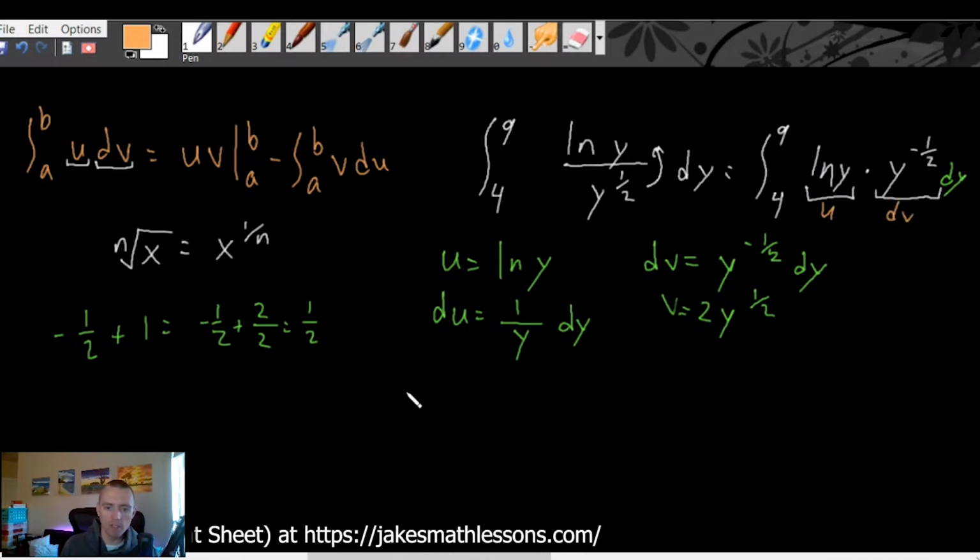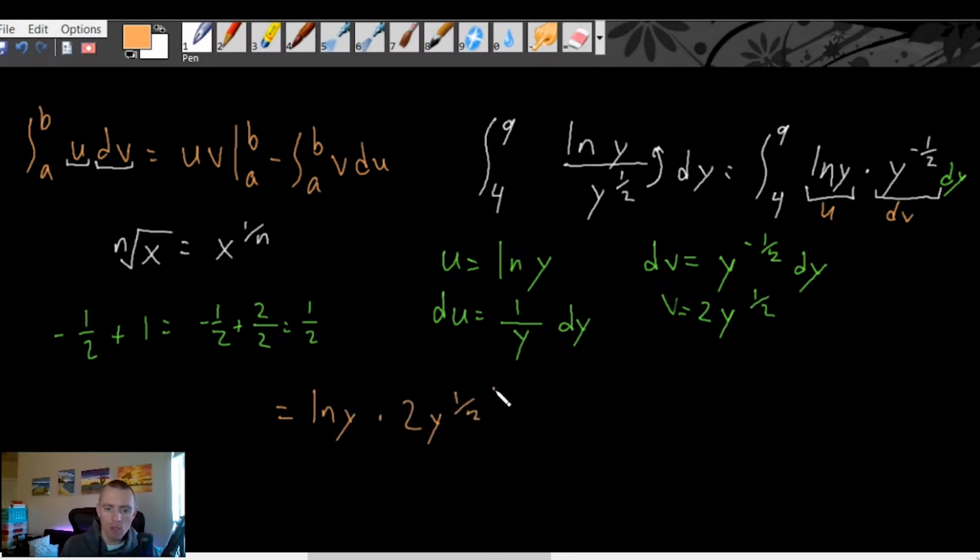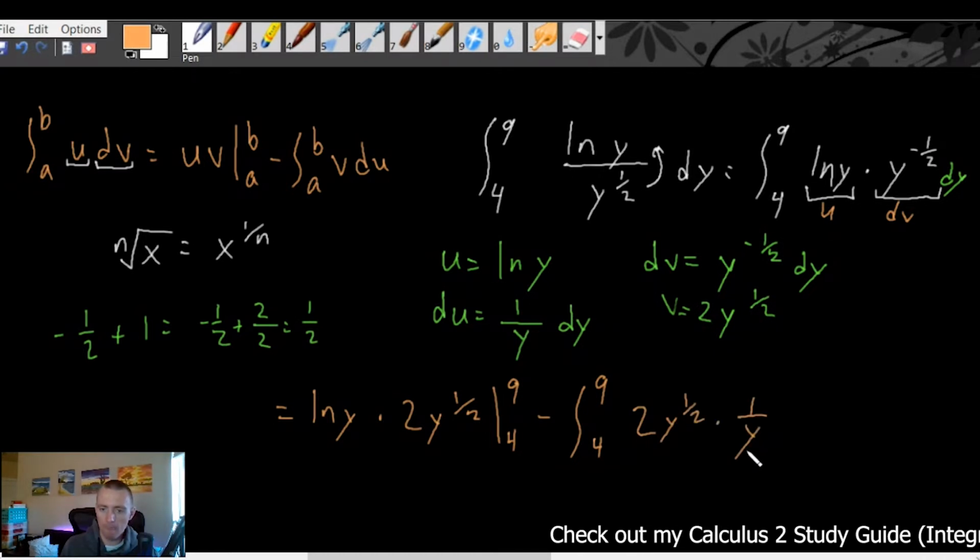We can rewrite this as, I'm sorry, u times v, so ln of y times 2y to the 1/2, evaluated from a to b, so from 4 to 9, minus the integral from 4 to 9 of v times du, which is 2y to the 1/2 times 1 over y. And then dy needs to be on there as well.